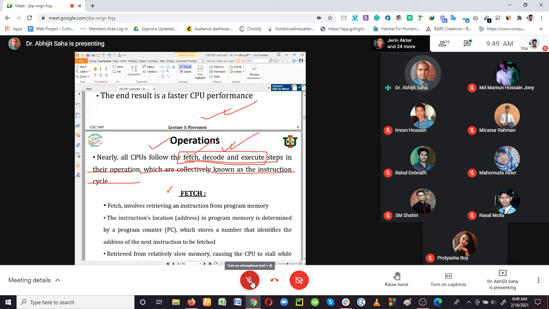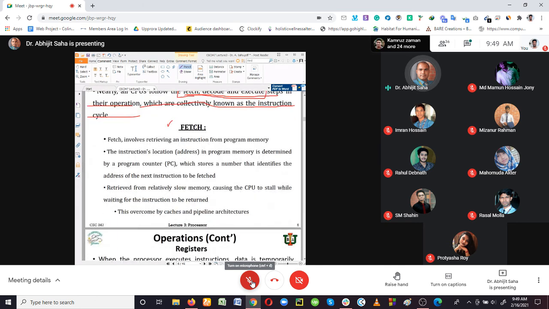So we are going to start with the first, the fetching. It says that the fetch involves retrieving an instruction from the program memory. We have already learned this from the instruction cycle. I hope you can recall that in the processor we have two parts: one is the ALU, and another is the CU.